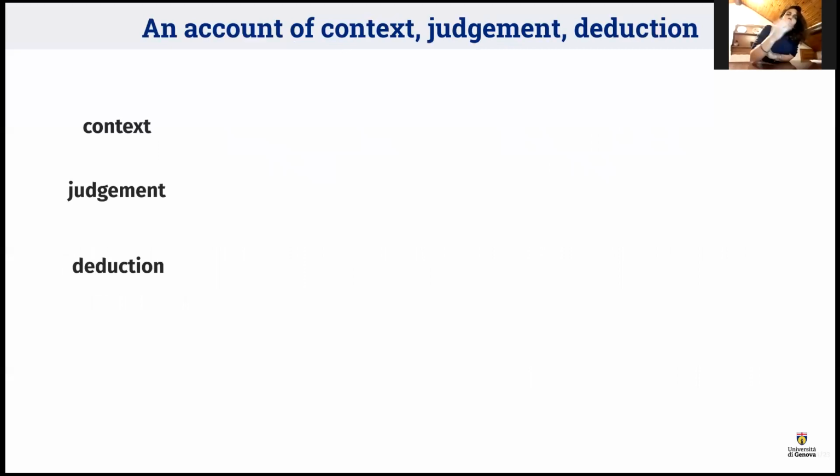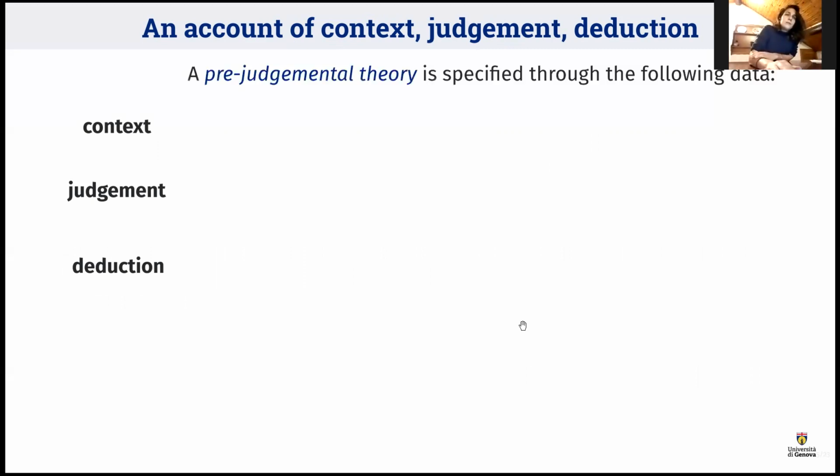In order to give such an explanation, we need to give an account of context, judgment, and deduction, through progressively more complex definitions. So this is what our definition of a pre-judgmental theory entails. We say a pre-judgmental theory is specified through the following.